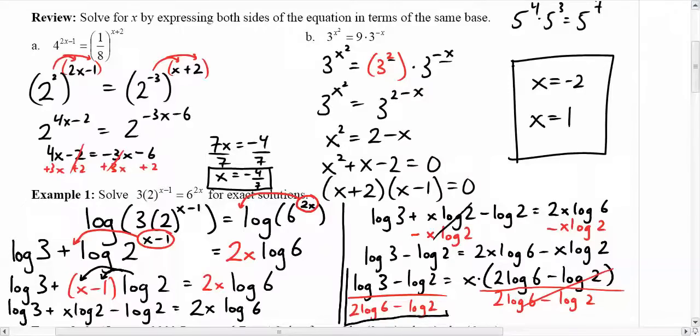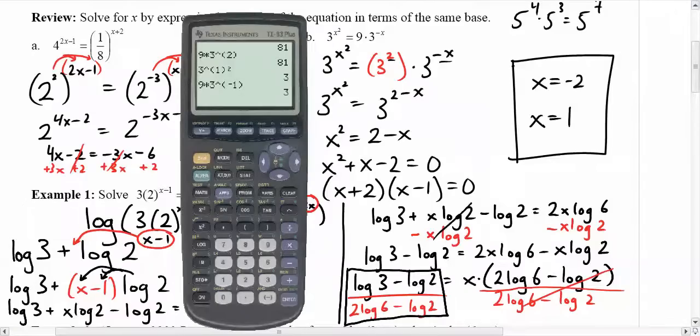You don't have to simplify this any further. And that's when we can pull out the graphing calculators and plug that in. Log 3 minus log 2, being crazy with brackets, 2 log 6 minus log 2 gives 0.14.